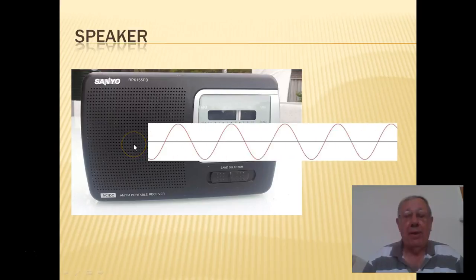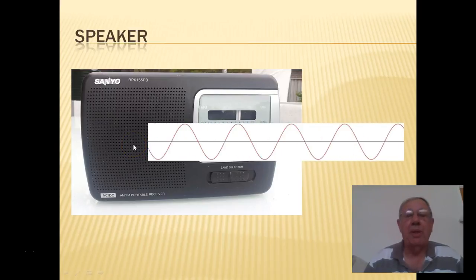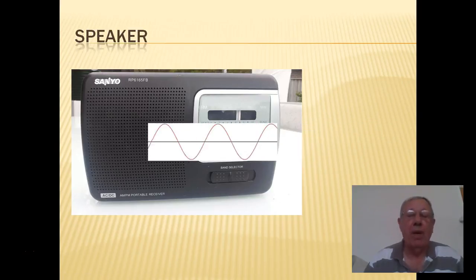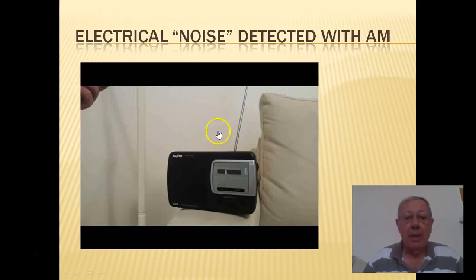So that's FM. Now you might be wondering, what's the difference between AM and FM? Why would you have one rather than the other? There are some advantages and disadvantages of both. For example, one of the disadvantages of AM is that AM signals, as they travel through the air, can pick up distortions.